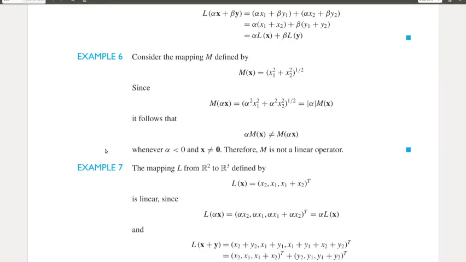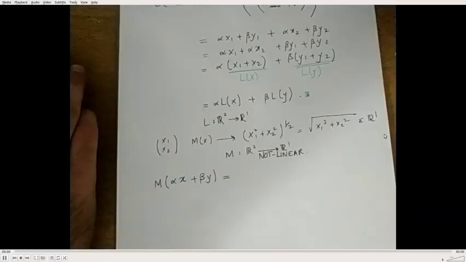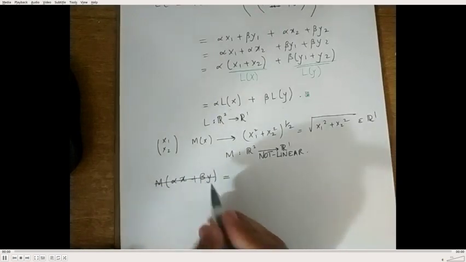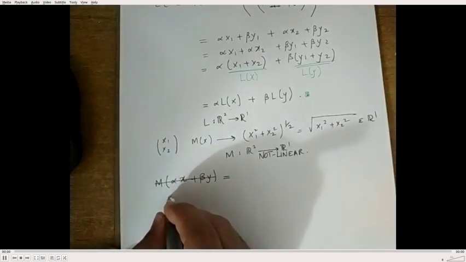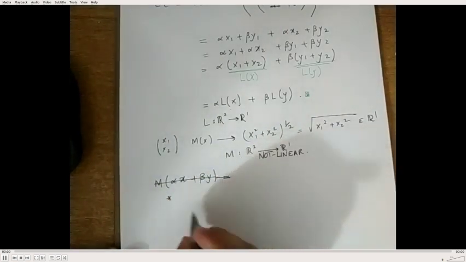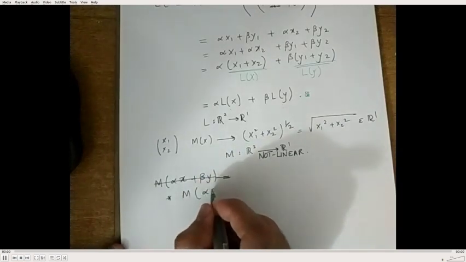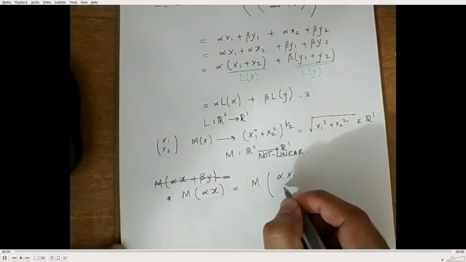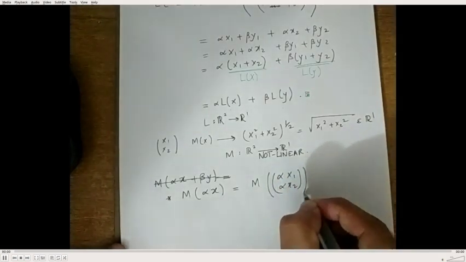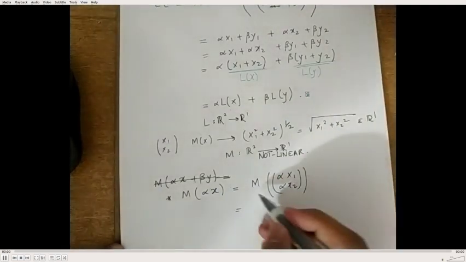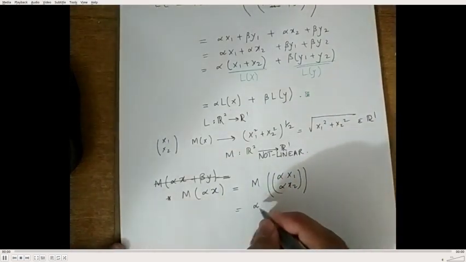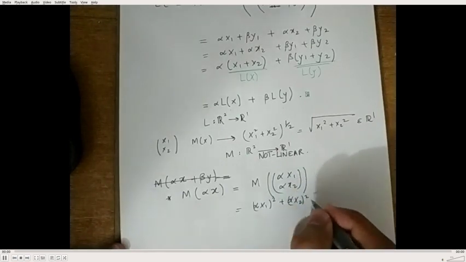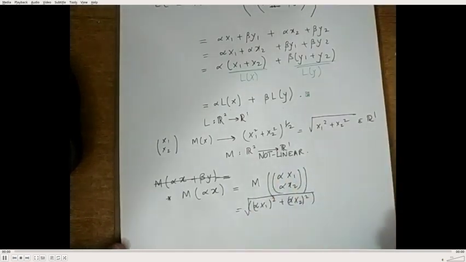What we can do is just show the part that is scalar multiplication. Instead of showing the whole thing, just show that the scalar multiplication doesn't stay, just like they did in the book. So the scalar multiplication of alpha x is going to be M of alpha x1, alpha x2. And now to apply the transformation on it, we have alpha x1 whole squared plus alpha x2 whole squared, and then square root on this.